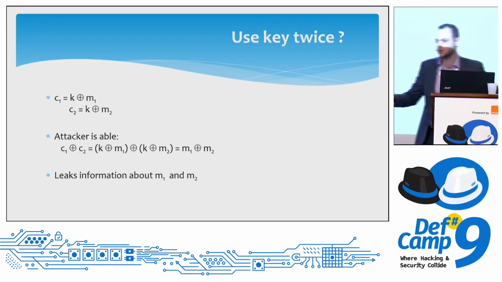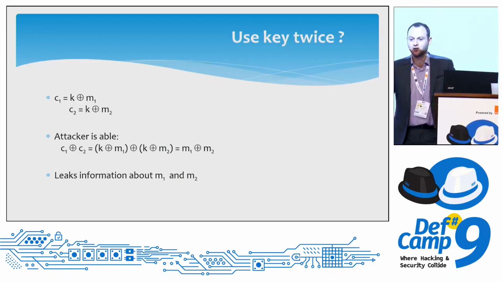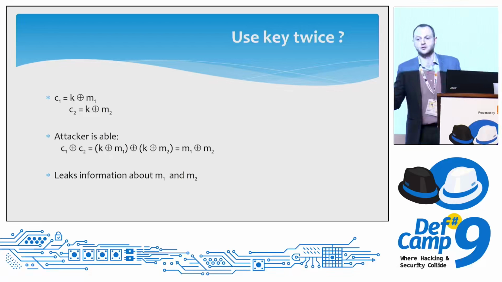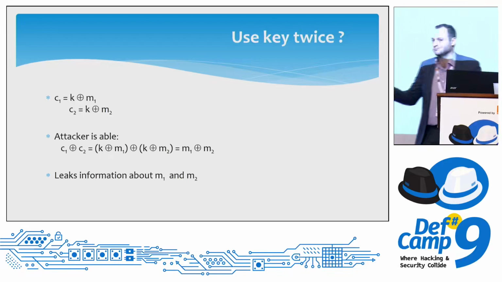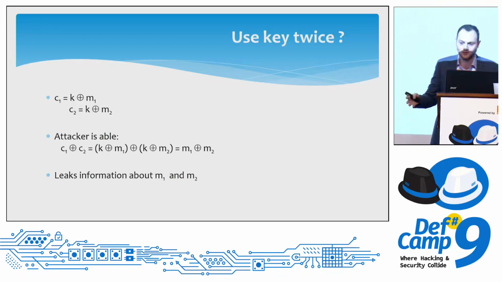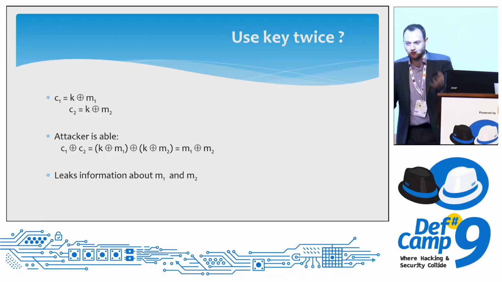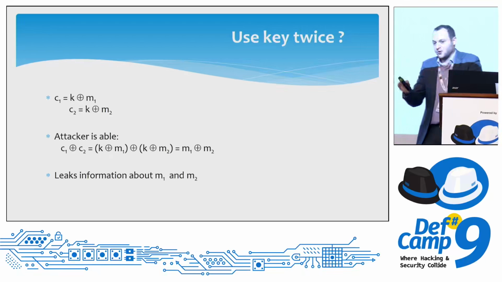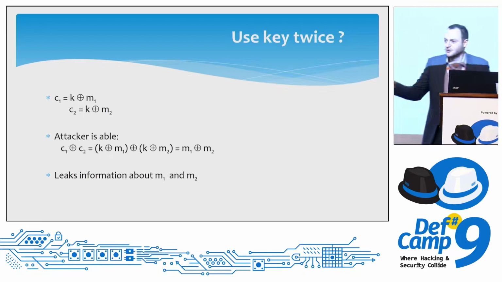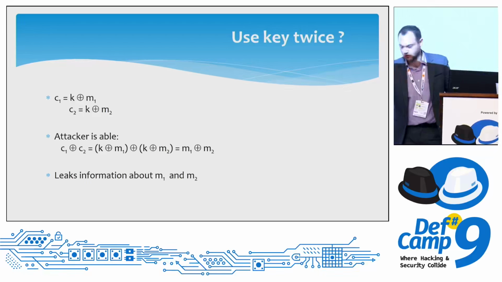So when we XOR two ciphers, we get the XOR of the messages. So we found some kind of relation between these two messages. Maybe it seems to be nothing, but I give this task even to my students, and when you have a sufficient amount of ciphers, it is very easy to decrypt absolutely the whole text.